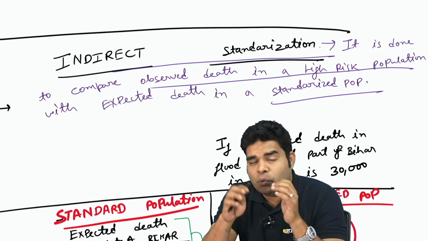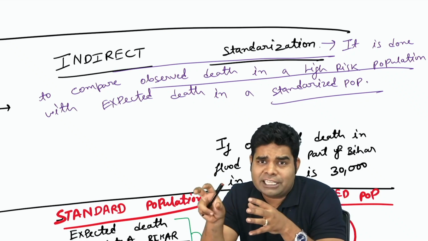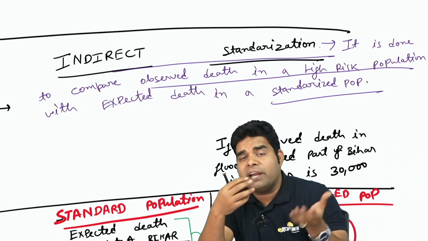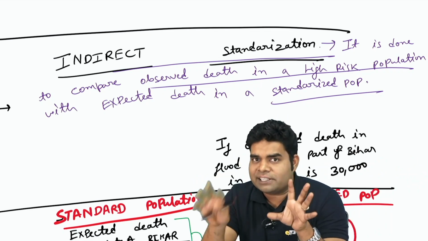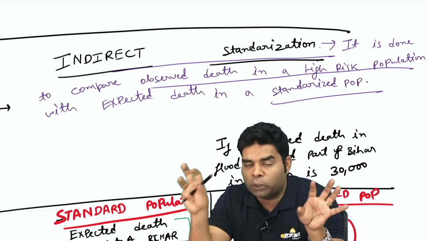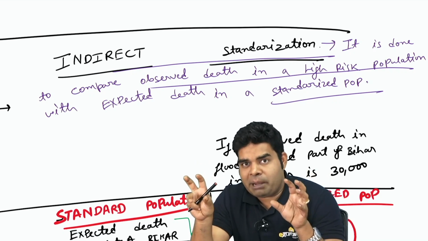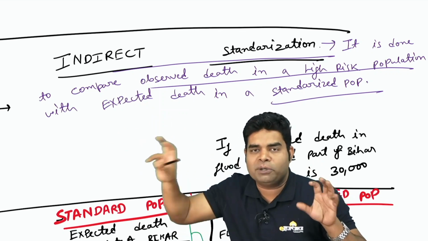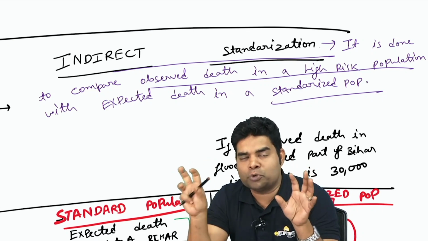Okay. So whenever we want to know how many more deaths are occurring in this high risk population as compared to another population which is standardized, we try to do it with indirect standardization. Direct standardization is done when we know the age specific death rate of two populations. Then we multiply both with a fixed standard population, and we get the expected death of the two populations.